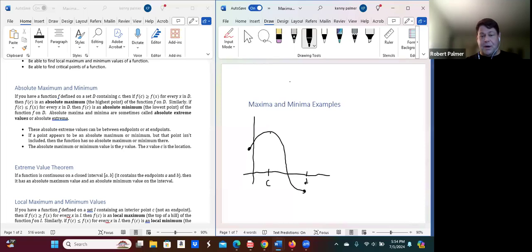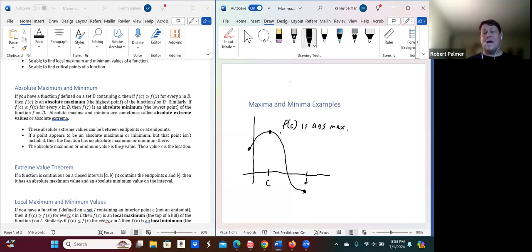Obviously this is the highest point on this graph. So if I plug in f of C, that y value is what's called the absolute maximum. That's the highest point on the entire graph, and here we have it defined between these two points.